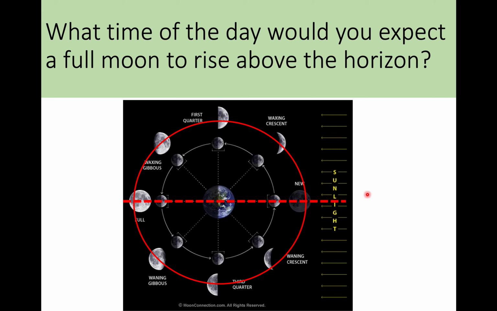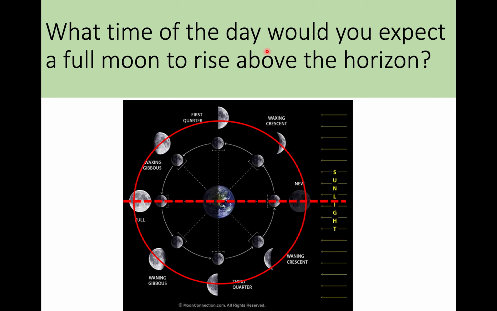So they are exactly opposite each other in the sky when it is a full moon. So when we are in the full moon position, the moon and the sun are exactly opposite of each other. So when one is rising, the other is setting. When one is setting, the other is rising.